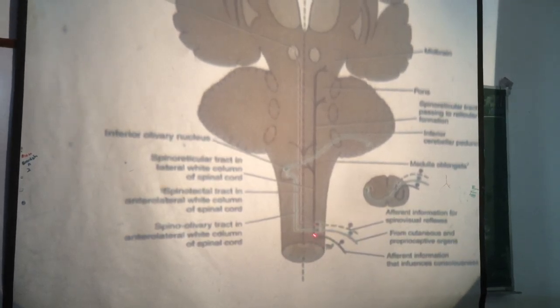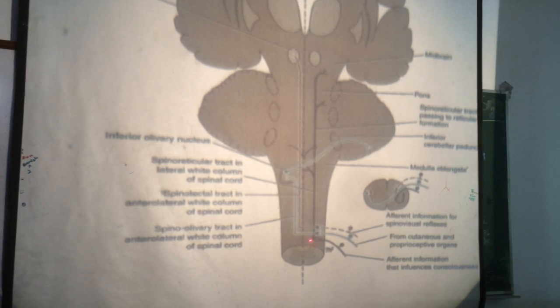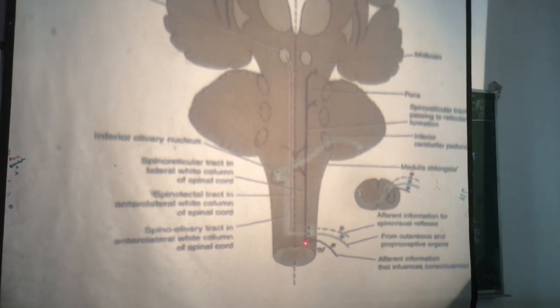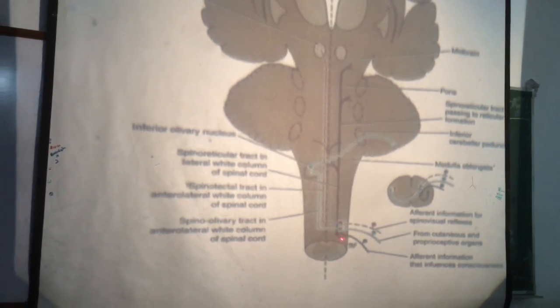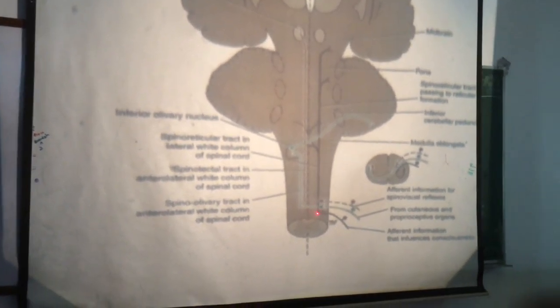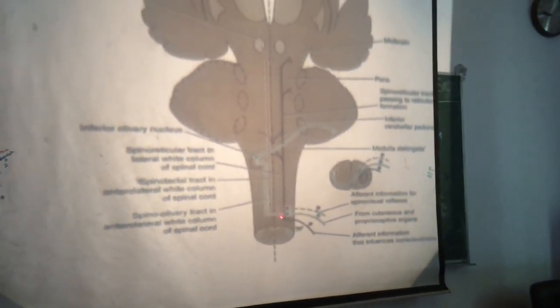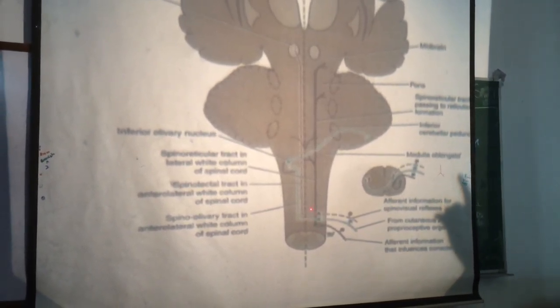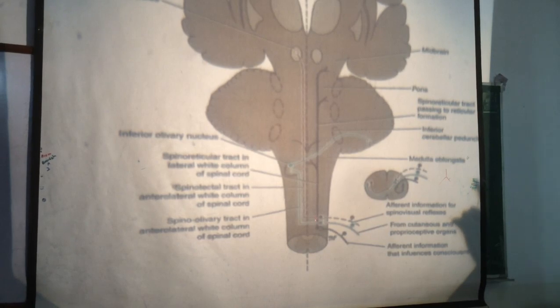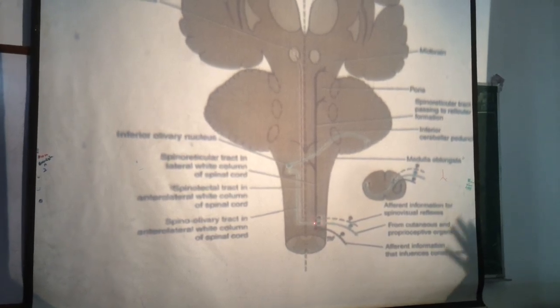From here, second order nerve fibers arise which do not cross over.